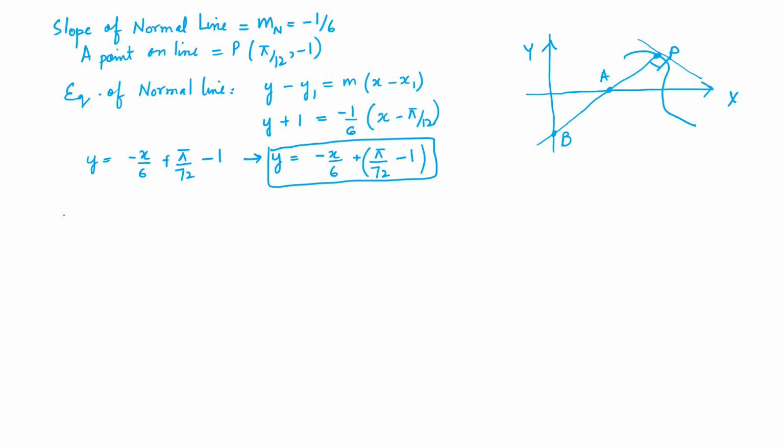So at point A, remember, we have the x-axis. So at the x-axis, we have y is equal to 0. So coordinates of A will be y is equal to 0, minus x by 6 plus pi by 72 minus 1.